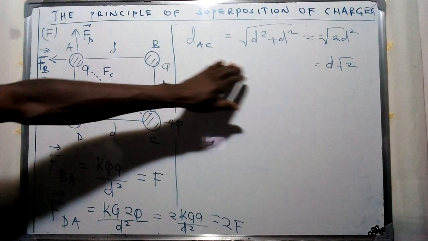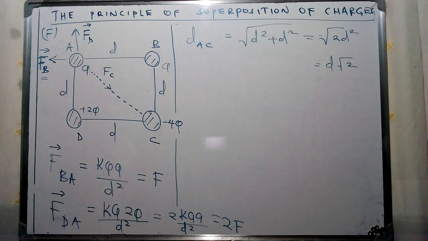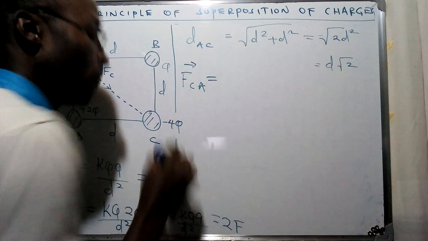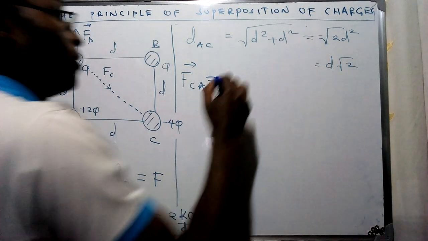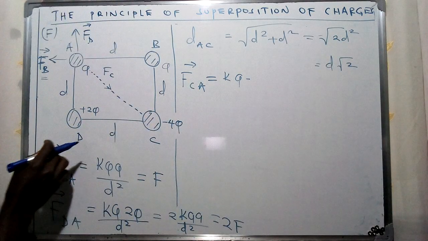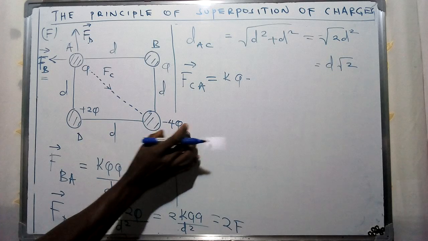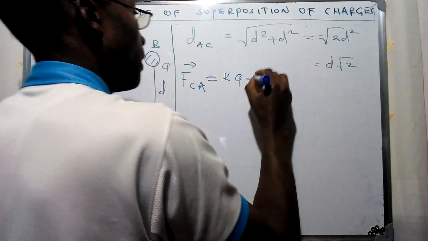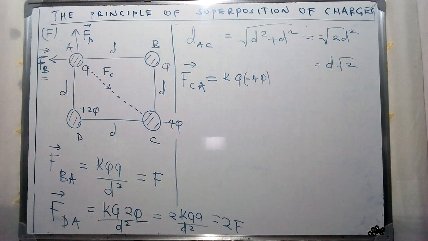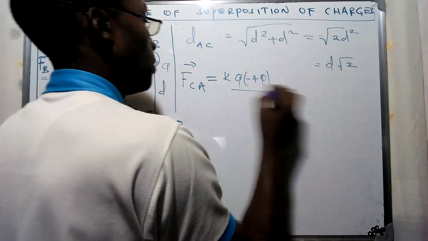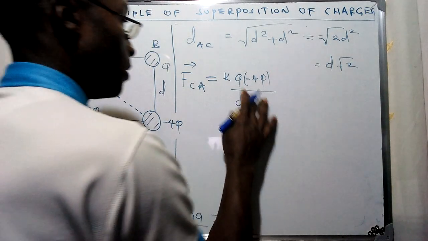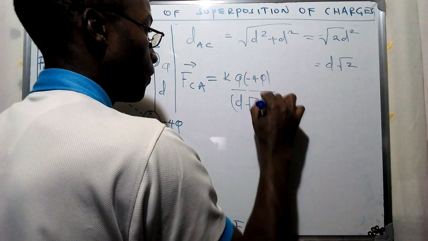So basically dA is going to be d root 2, and therefore we can represent the force of C that is acting on A using this specific formula for Q, multiplied by this particular quantity for the negative 4Q, perhaps I can give it in brackets to avoid confusion of the negative, and then we're going to have this one divided by the square of d root 2.